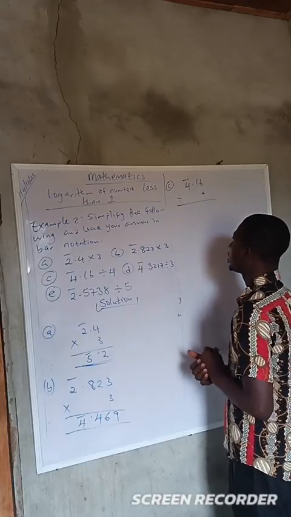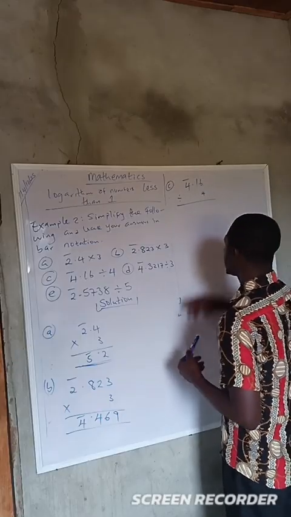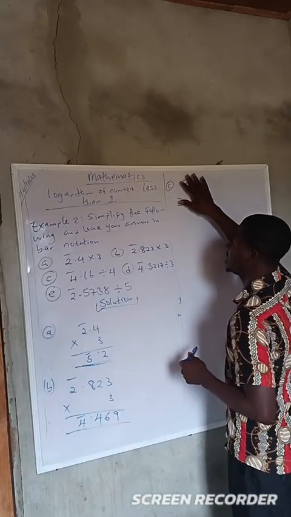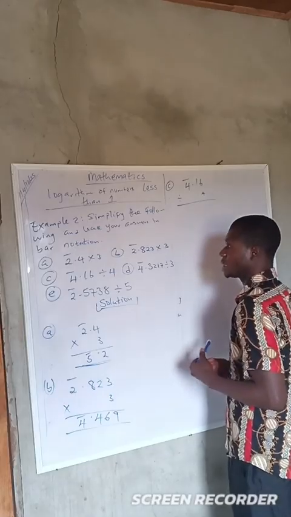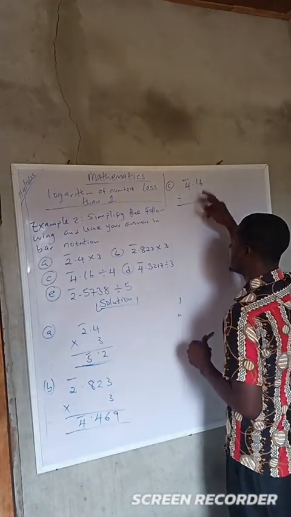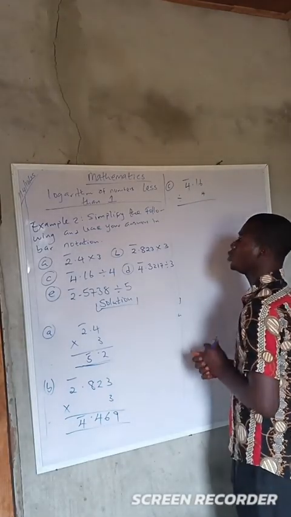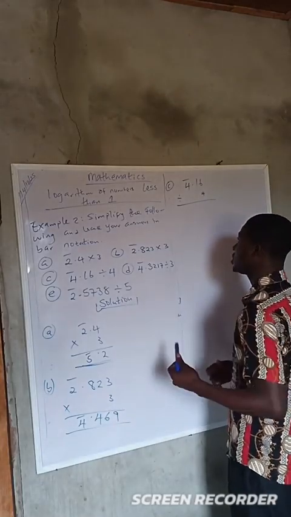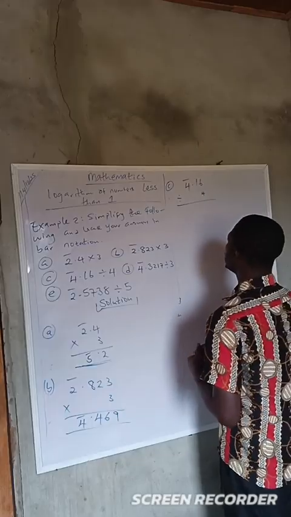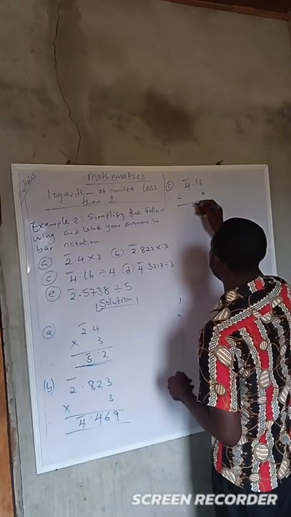I'll show you. So this one now, 4 can easily divide 4 without leaving a remainder. That is, this is divisible by this 4. So far it is divisible, we can just divide straight away. I believe we all know that our division starts from the left hand side. So how many 4 can you have in bar 4?